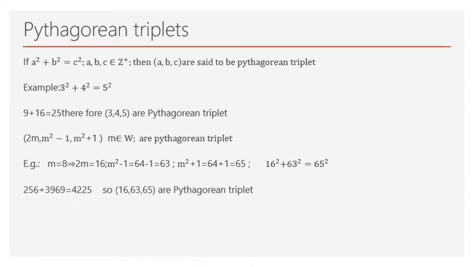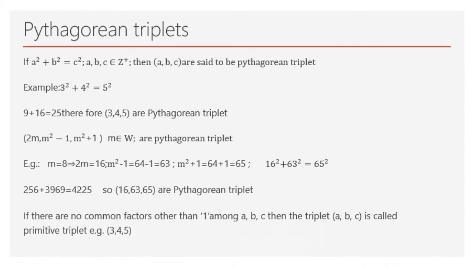That is equal to 256 plus 3969 is equal to 4225. So 16, 63, 65 are a Pythagorean triplet. If there are no common factors other than 1 among a, b, c, then the triplet a, b, c is called a primitive triplet. For example, 3, 4, 5 are primitive triplets. There are no common factors other than 1.